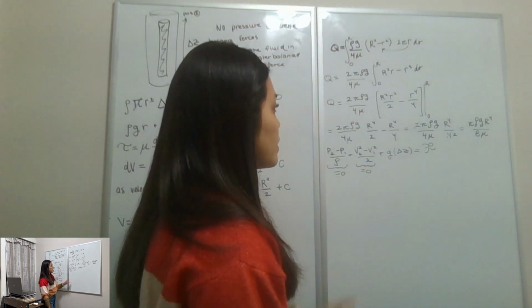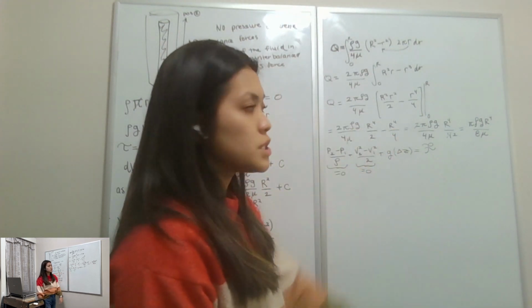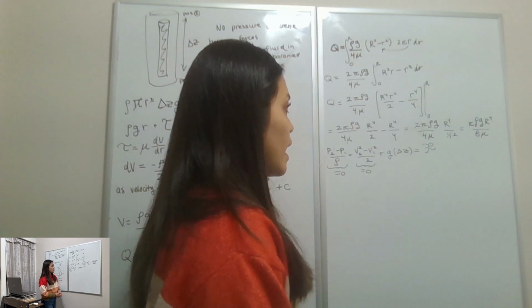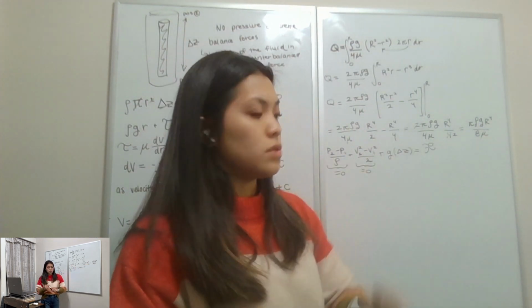And so how can we relate the flow rate to this part of Bernoulli's equation? Well, we know that there is a gravitational acceleration here and a gravitational acceleration here.